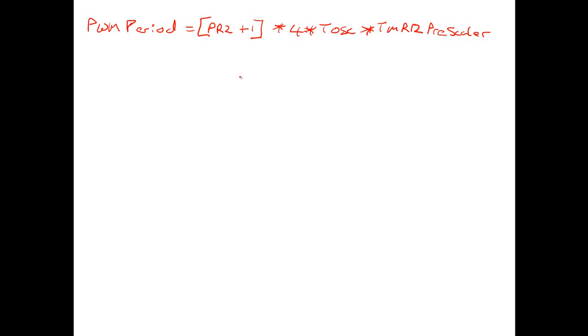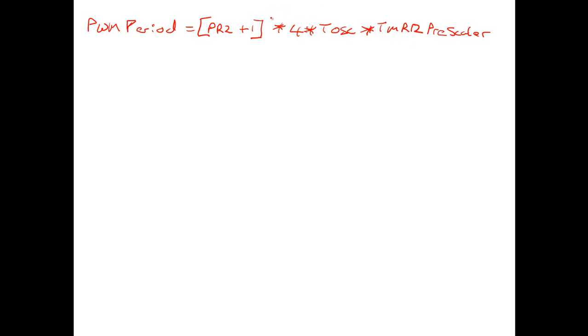Well, firstly, let's get the information that we do know all on one side of the equals and the information we don't know on the other side. There are several things we don't know here: the value for PR2, the prescaler value, and the oscillator value.